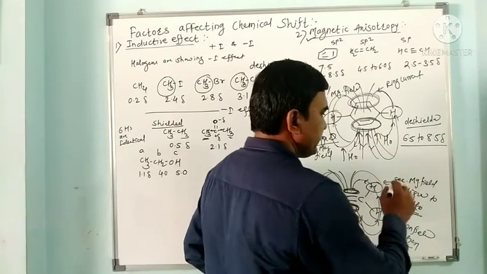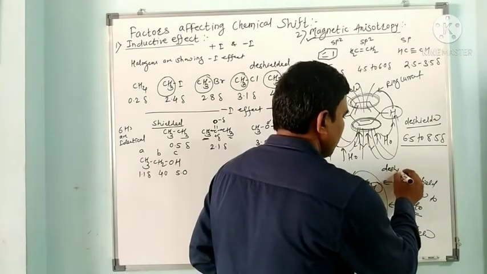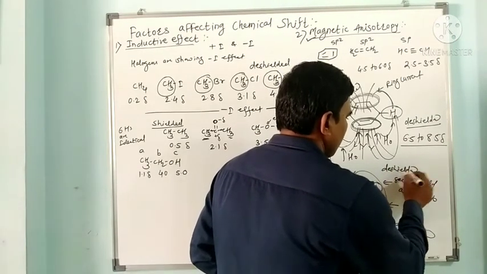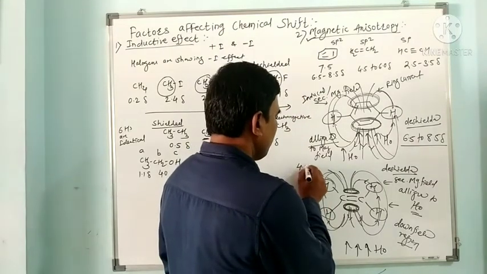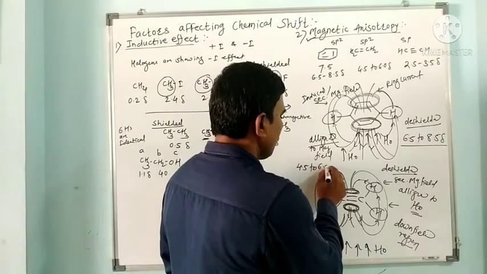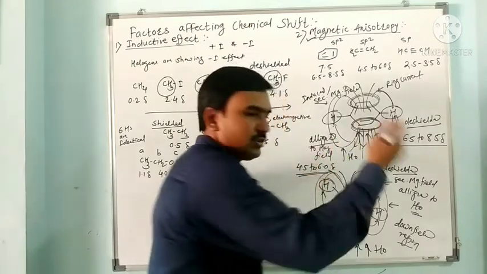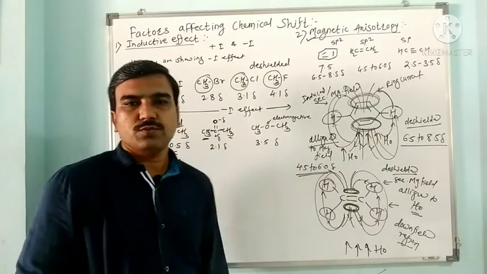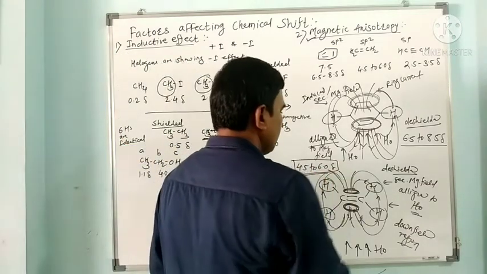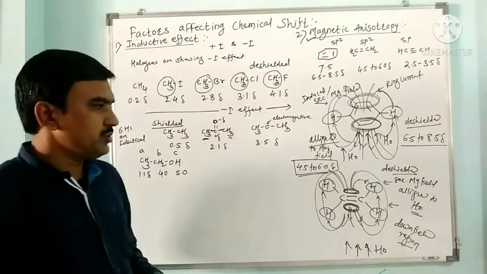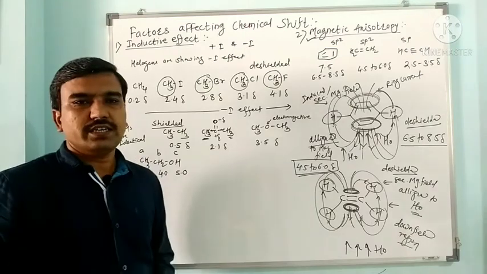So the protons are de-shielded. These de-shielded protons will have a chemical shift around 4.5 to 6.0 delta, or again up to 6.5 delta. So in this way, this is the unexpected behavior we can observe because of the magnetic anisotropy.